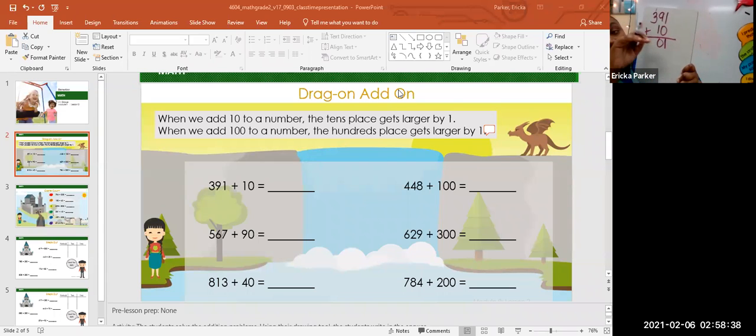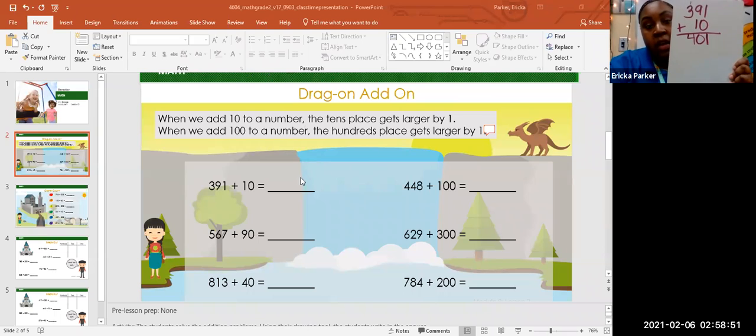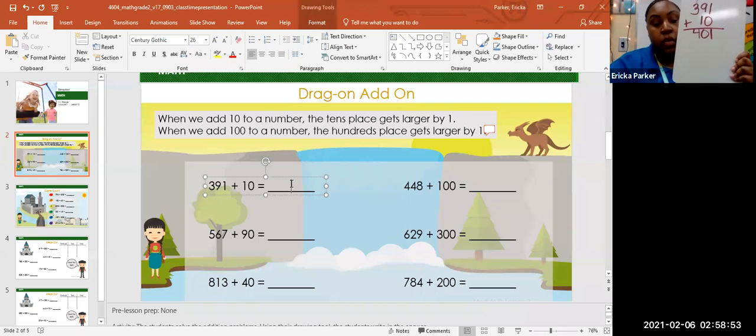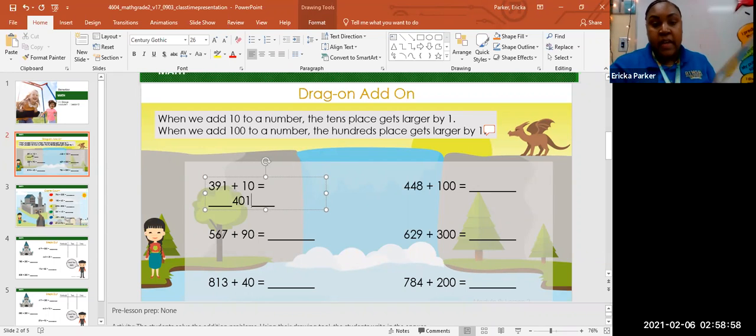Since we got a 10 here, we got to carry that. Since we have a third number up here, we need to carry that number over. So that becomes 3 plus 1 equals 4. So our answer for this one right here is 401.